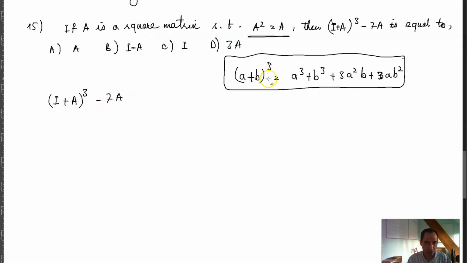So apparently I can use this formula in order to expand this, in which case I will get basically I cube plus a cube plus 3 times I squared a plus 3 times I a squared minus 7a, right?